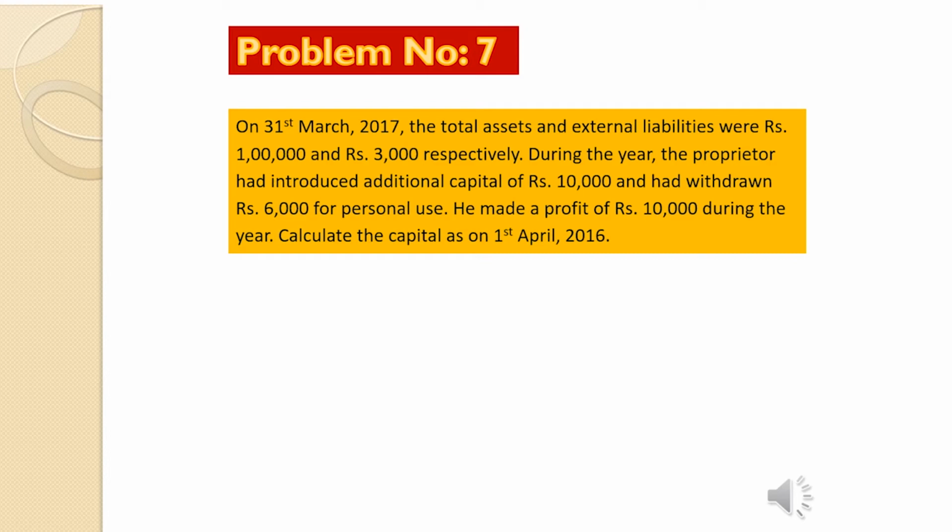He made a profit of 10,000 during the year. Calculate the amount of capital as on 1st April 2016. So now we have to find out the opening capital. The information was given at the end of March 2017, so we have to calculate the opening capital as on 1st April 2016.